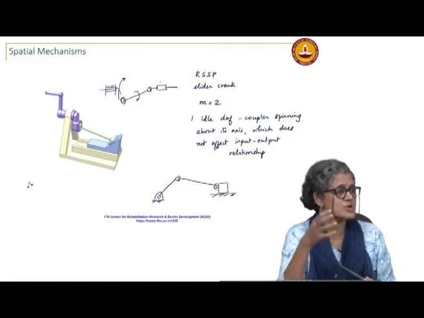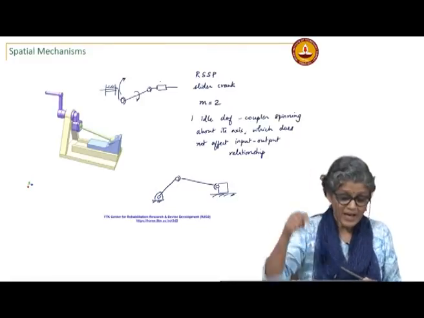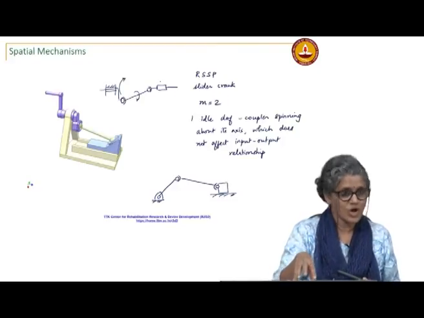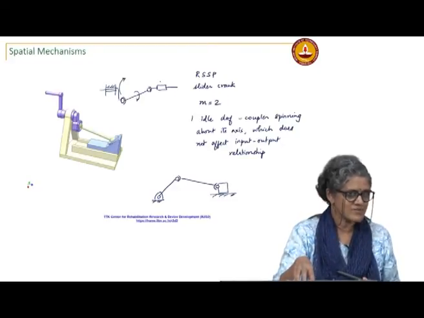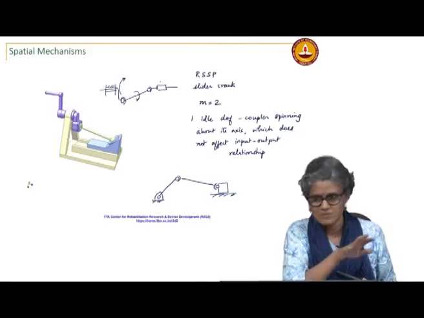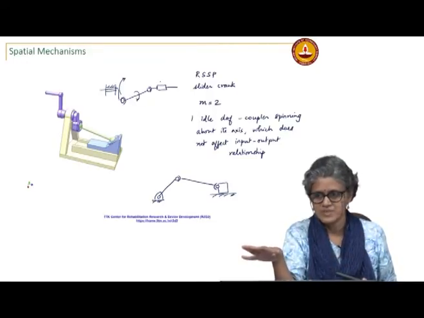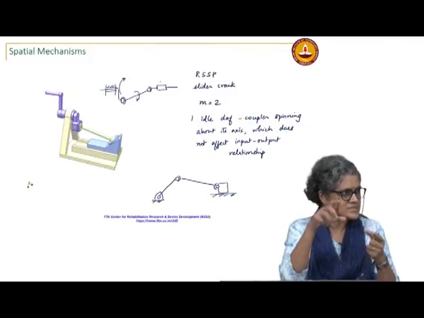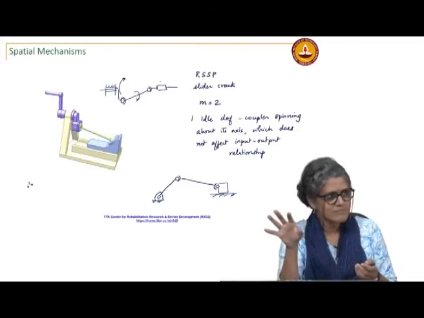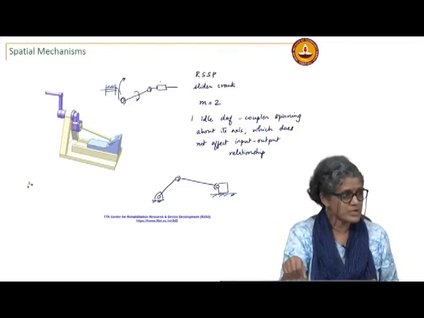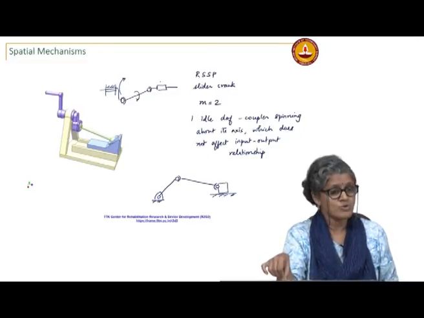Why is it not showing mobility equal to 0? Again, special geometry, right? It is not a structure where nothing moves. If you have mobility equal to 0, nothing moves, like a truss with 3 links pinned together. Here you are moving the input link and have no motion of the output link.